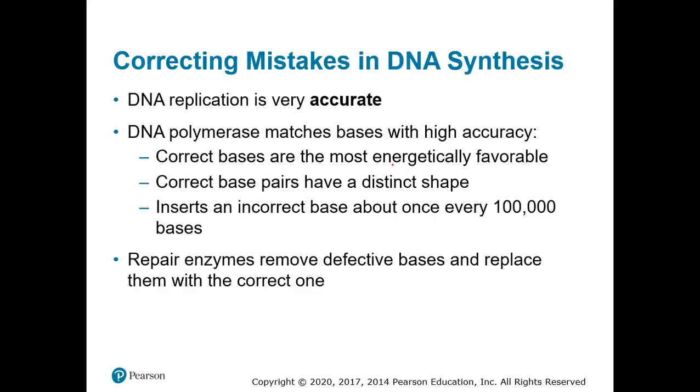Correct bases have a distinct shape, and if you make a mistake, you're going to see a very distinct shape as well. So, there are a variety of systems. Say some mistake does happen, we have a lot of enzymes and different systems in place that can remove those mistakes and replace them with correct bases.